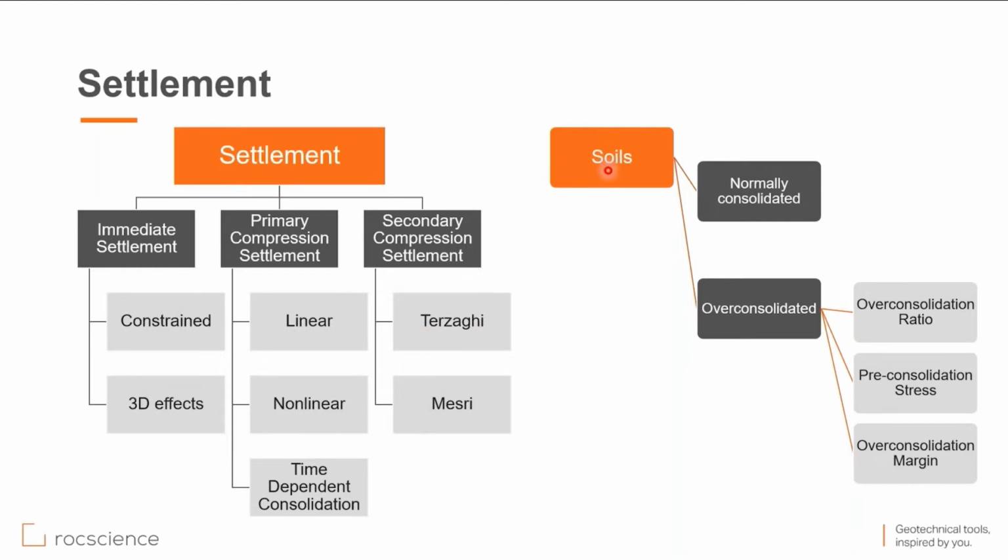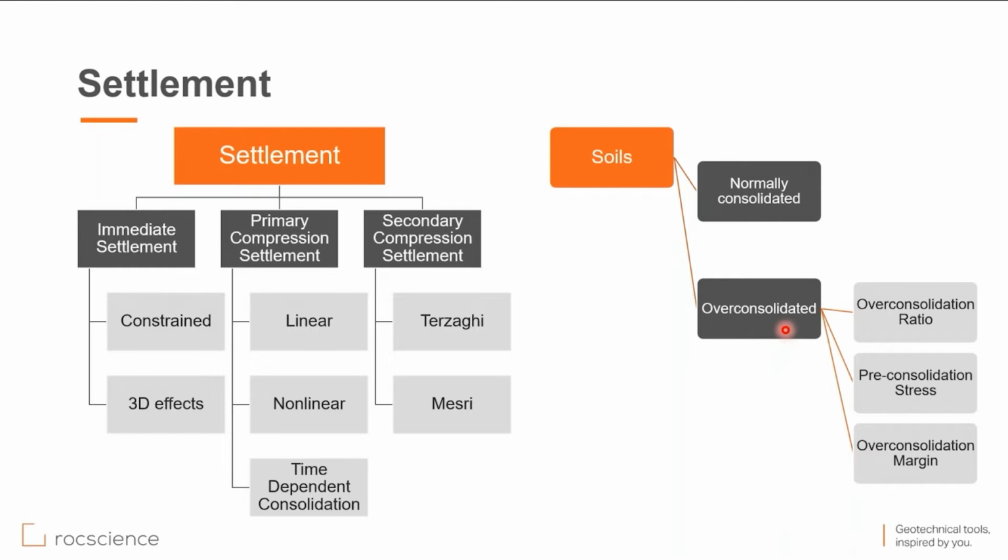The soils are defined either as normally consolidated or over-consolidated. What I'm going through here in these slides are all built in and available within Settle3. So we're talking about Settle3 features and capabilities.